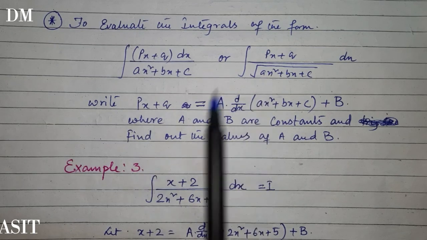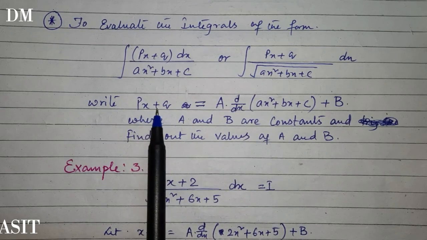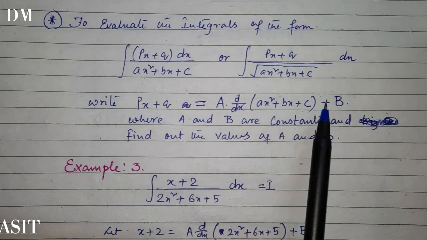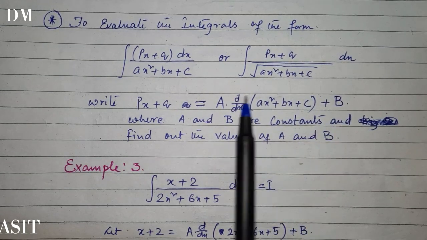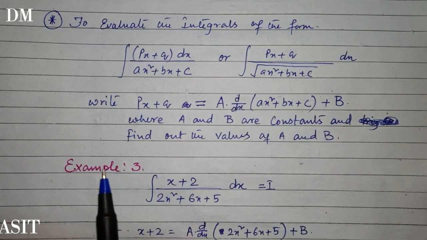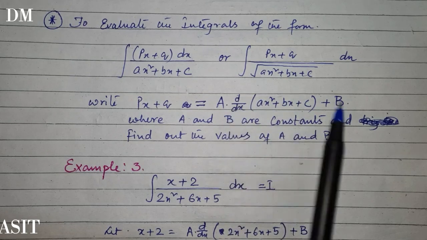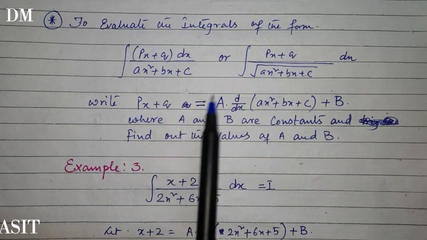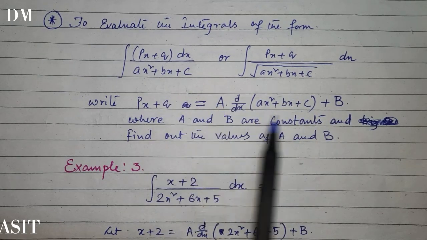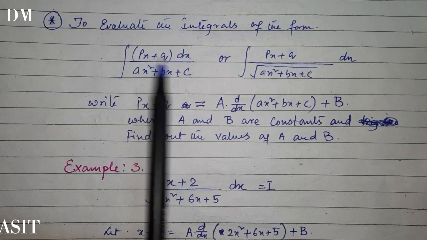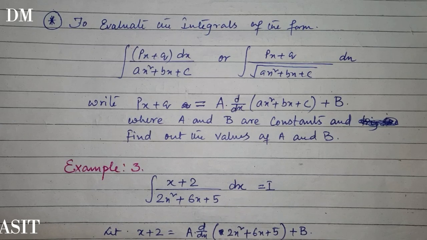So in both the cases we have to do in this way. The linear term equals a into differentiation of the quadratic term plus b. So here a and b are the constants. So after that we need to find out the value of a and b, and we will put these values, these expression instead of px plus q here, and we will solve the integral.